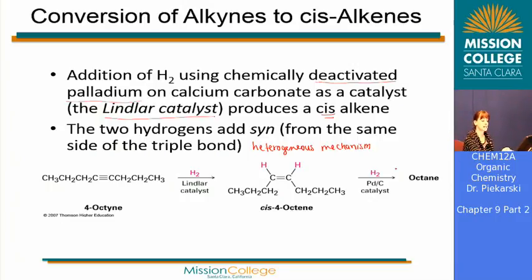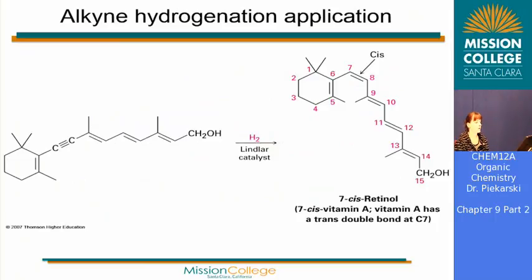We could go on to take it all the way to the alkane if we needed to, right? So you have some flexibility here, some versatility, which is good. It's a reaction that they use in industry to convert this precursor to this product, using hydrogen and Lindlar's catalyst to make 7-cis-retinol. Okay.